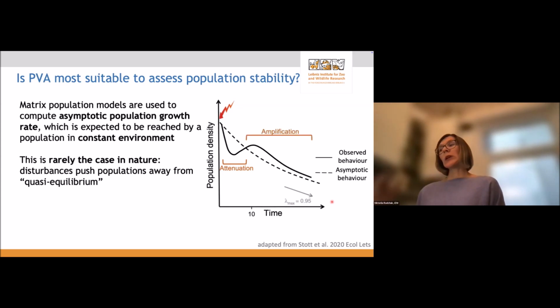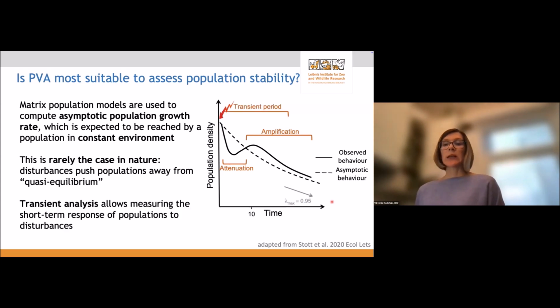And then it can overshoot, it can be higher than the population density expected under the long-term population growth rate, which we call amplification. The period over which the behavior of the population deviates from the one expected under asymptotic growth rate is called the transient period, and the respective population dynamics is called transient dynamics.